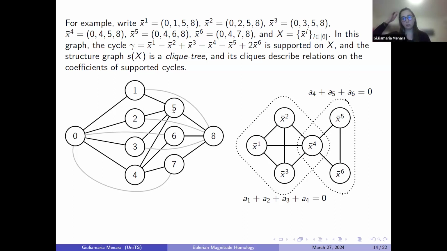For example, for a complete graph, it's exponential. I did use some code, but it's very naive code. I literally wrote the definition. So the computations I did were for small, manageable graphs.